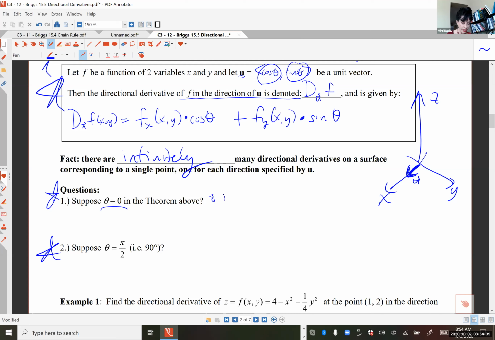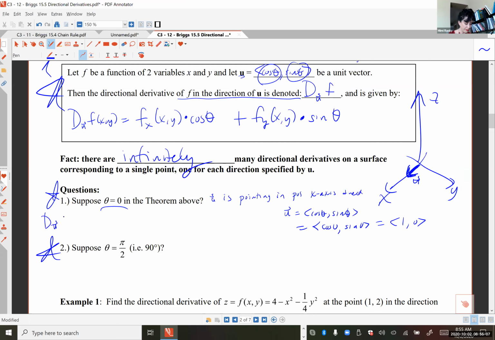If you use that theta in the formula, u, which is equal to cos theta, sine theta, is really going to be cos 0, sine 0, which has components 1 and 0.